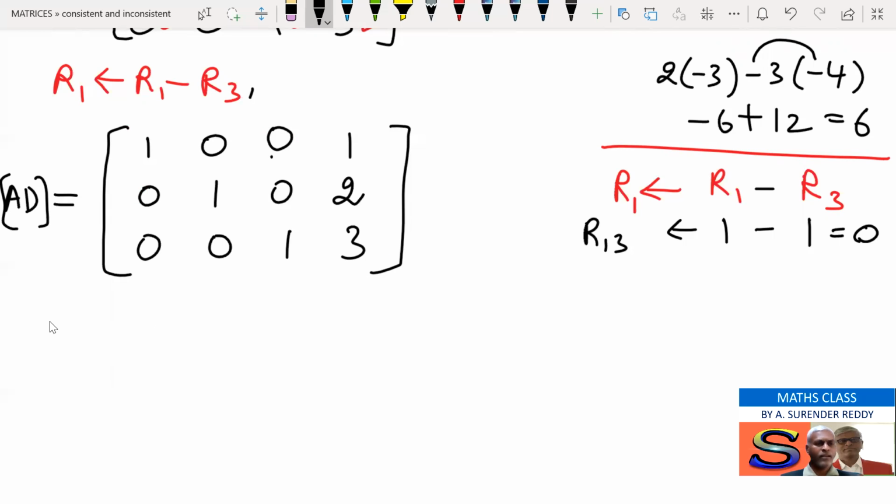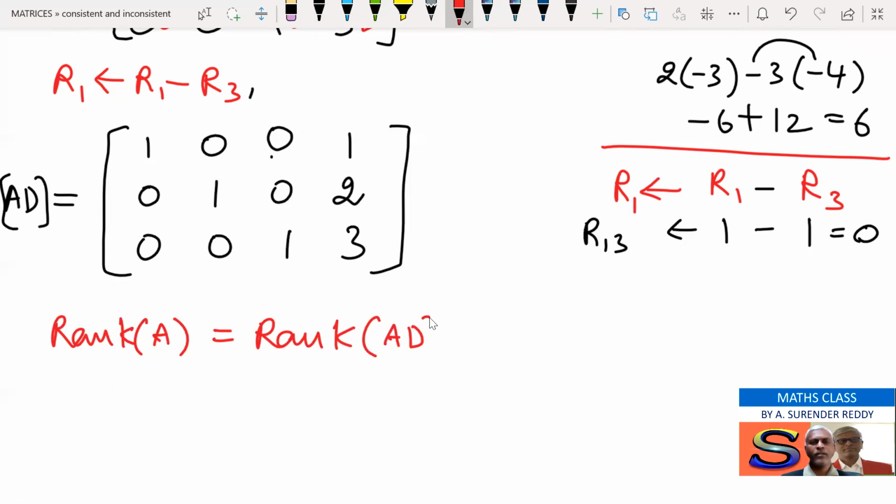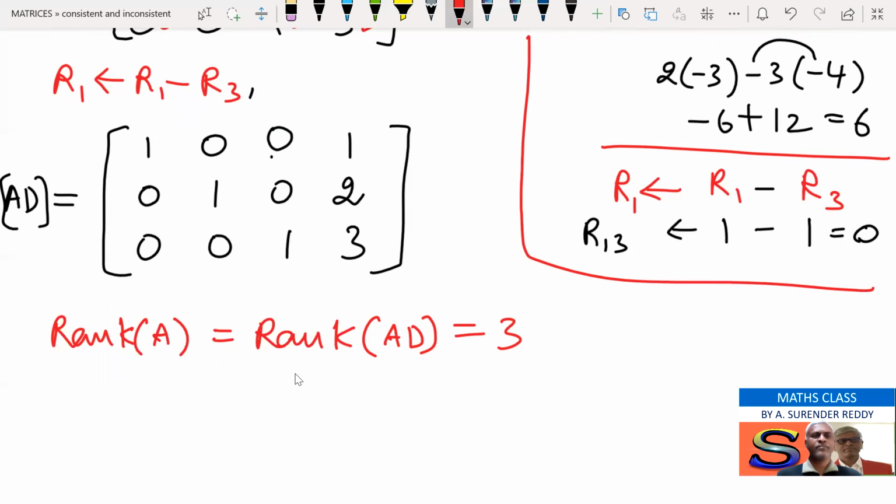Here we can write that the rank of A is equal to the rank of the augmented matrix, and that is 3. We already learned how to calculate the rank. So the rank of the coefficient matrix and the rank of the augmented matrix are both equal, and that is 3.